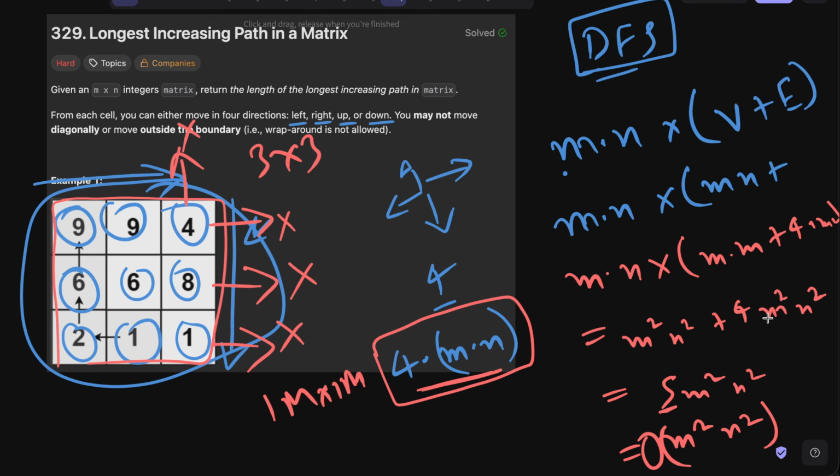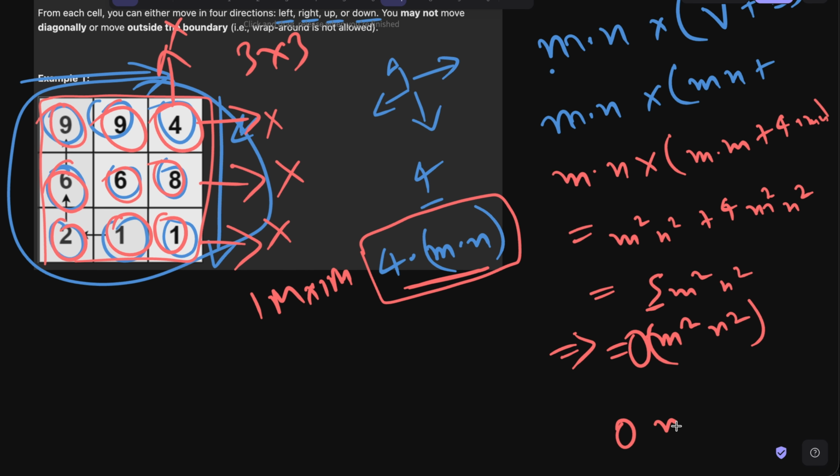So the brute force solution of taking the DFS algorithm and running it on each and every node and trying to go through all of the paths from each and every node in the matrix, you will get this time complexity, order of m square n square, or you can also call it order of m multiplied by n whole square. So now the question is, can we do better?